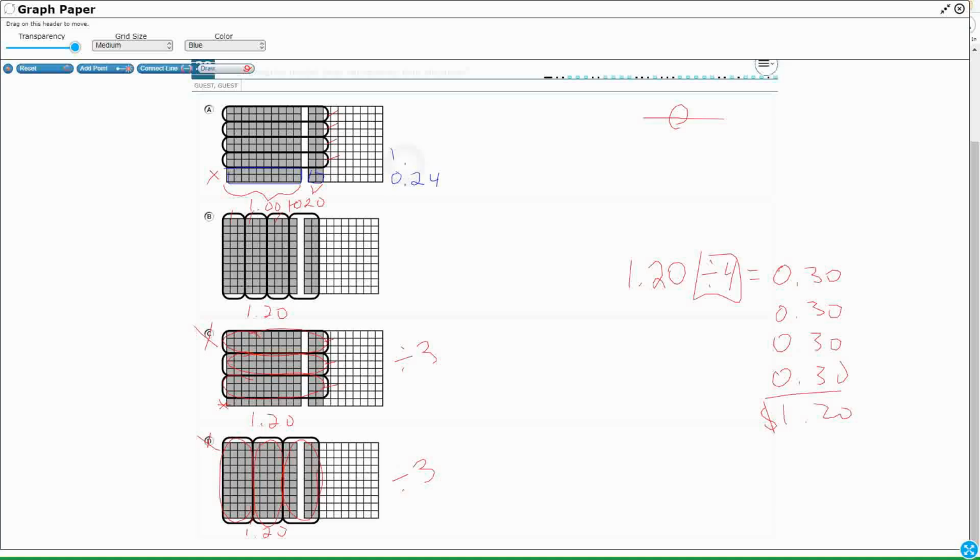So if I take that away from my 120 that they said we needed, I actually have 96 hundredths. If you were to count what's left in these 4 right here, you would see 96 hundredths. And then what they did is that 96 hundredths, they divided that into 4 groups. And then that's why each group has the 24. 24, 48, 72, 96. So they did at least divide by 4, but it's the wrong thing.